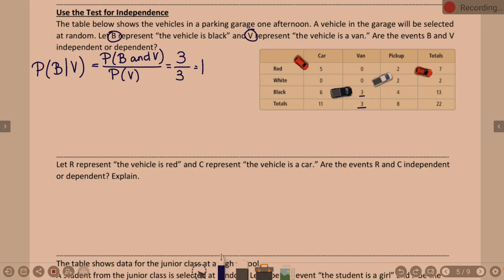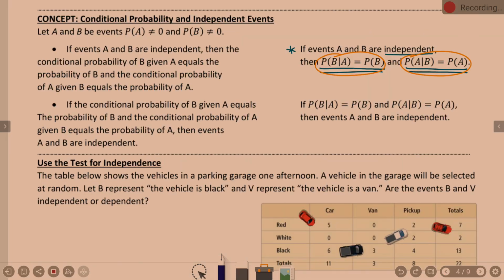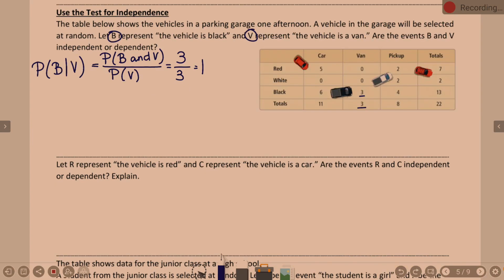Now, go back to your test up above. What do we have to see if that equals? The probability of B given A, we want to know if it equals the probability of B, the initial probability. So, interpreting that for ours, I want to check the probability of the first one, which is B. Now, this is just basic probability. What's the probability the vehicle is black?